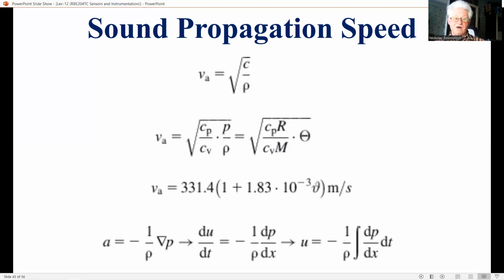Substitution of numerical values for air yields the third equation as this here, with eta the temperature in centigrade. And hence, as a rule of thumb, the temperature coefficient of V is about 2% per 10 Kelvin. And the influence of air humidity is relatively small and is only relevant when high accuracy is required.